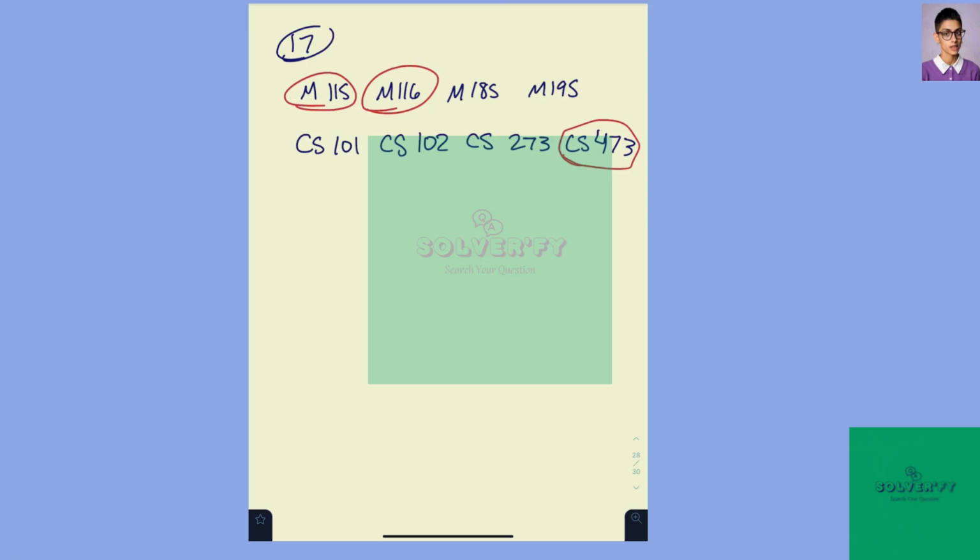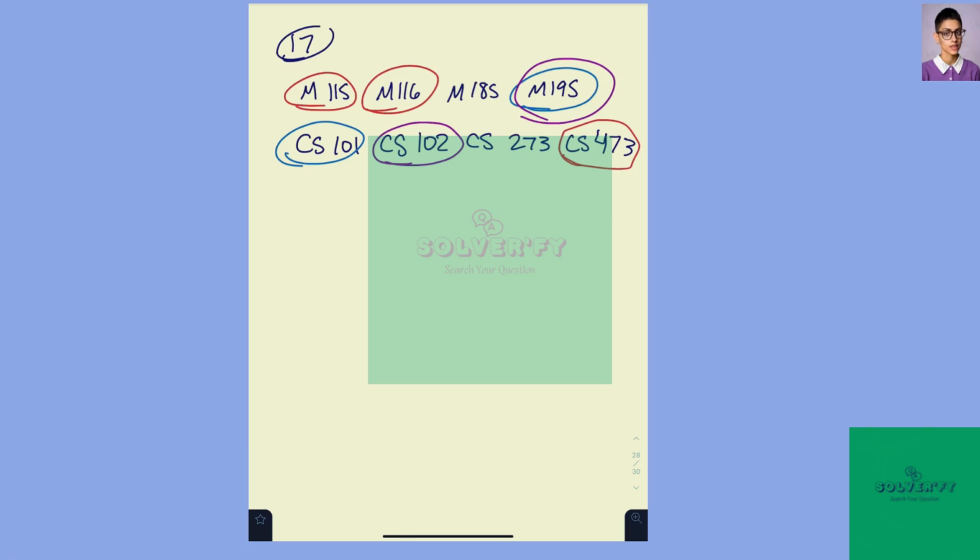And then we see 195 and 101. None of those students are in both. And then 195 and 102. Let's see if 101 and 102 can be together, though.